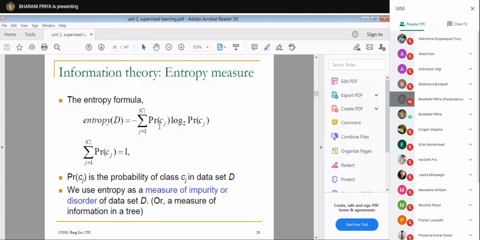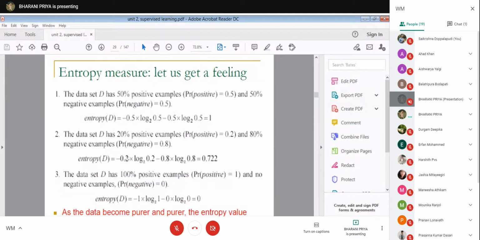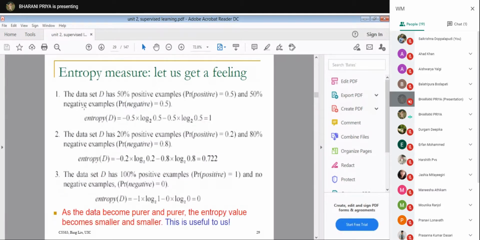It's the probability of class j in data set D. And remember, we use this entropy as a measure of impurity. So for a measure of impurity, should the entropy value be great, high or small? Small, yes. So let us see this example.